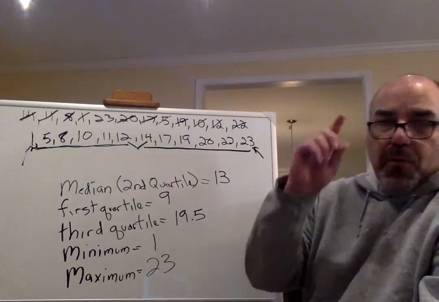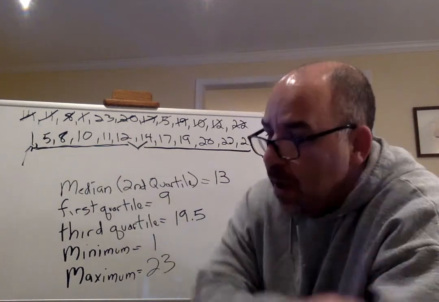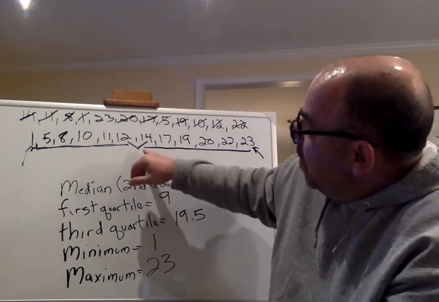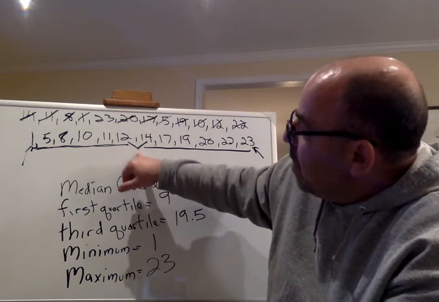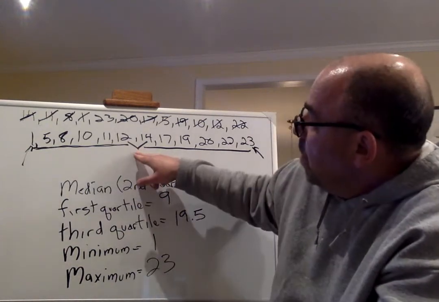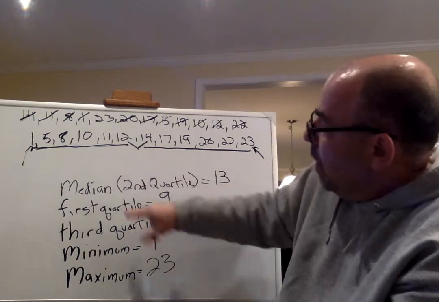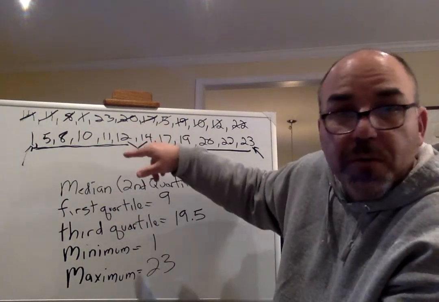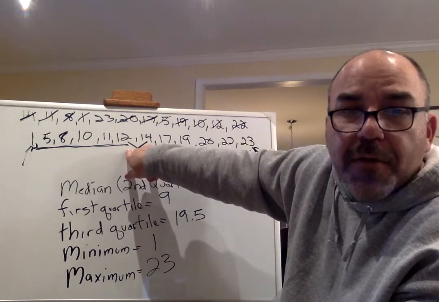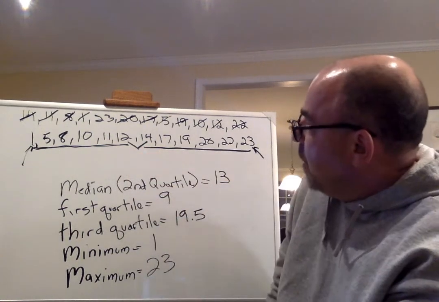So, run through it one more time and then I'm done. You can watch this over and over again, but first thing, list all the numbers from least to greatest. Find the median of all those numbers. Again, the middle number, even number, so we add them together and divide by 2, which is 13.